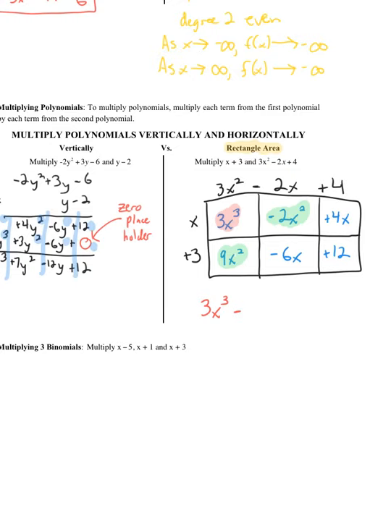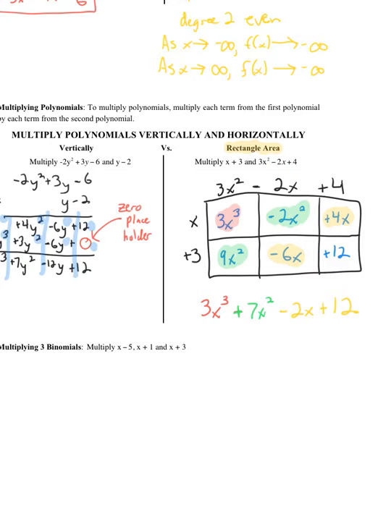So that's going to be a positive 7x squared. Next one, I see a -6x and a positive 4x, and then there's just going to be a 12 left. So -6x plus 4x is -2x, and then plus 12.